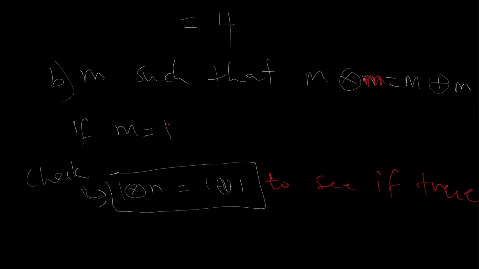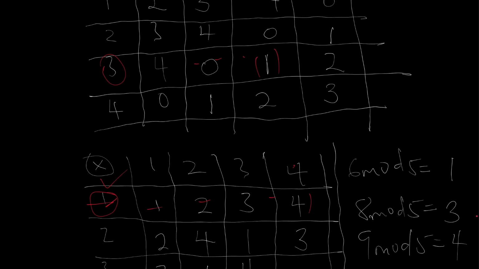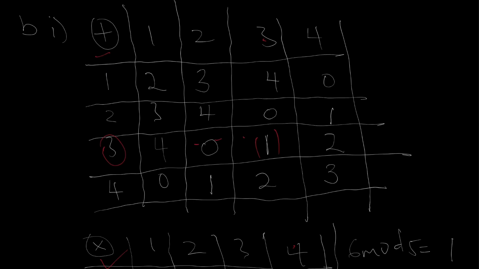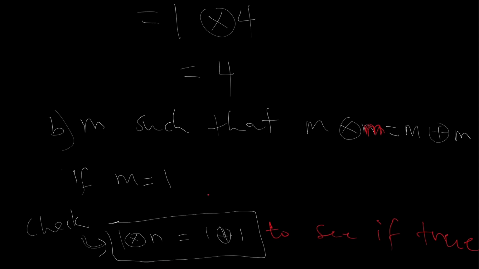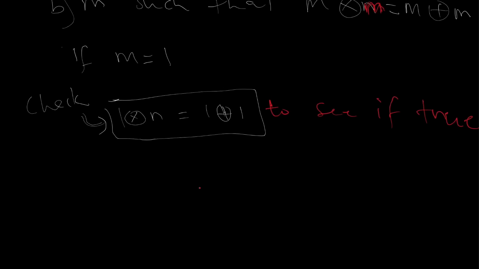So if m is equal to 1, let's check. 1 times 1 is 1, but 1 plus 1 is 2. So we know that this expression has not been met. So m cannot be 1. So we move on to the next value. So if m is equal to 2, then we are saying that 2 times 2 should be equal to 2 plus 2.